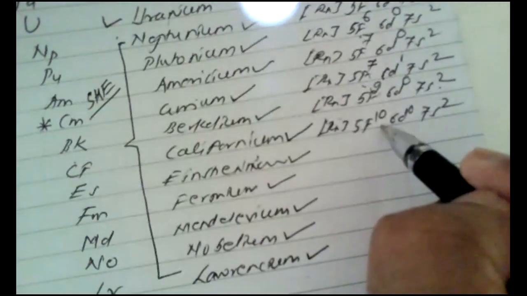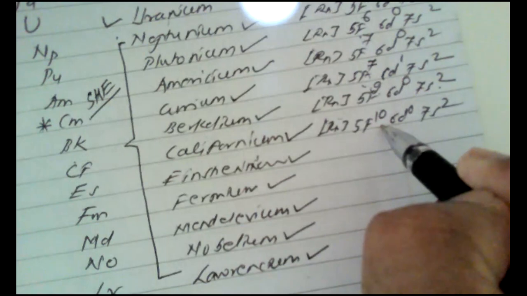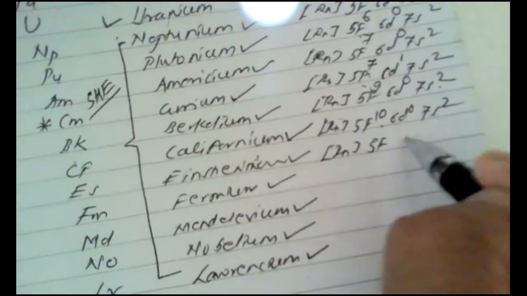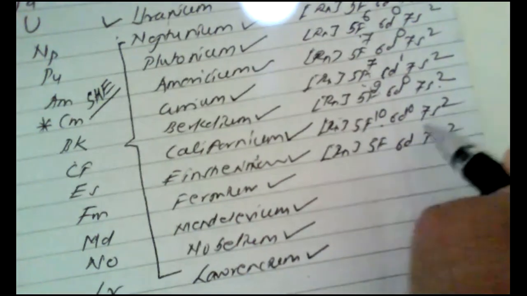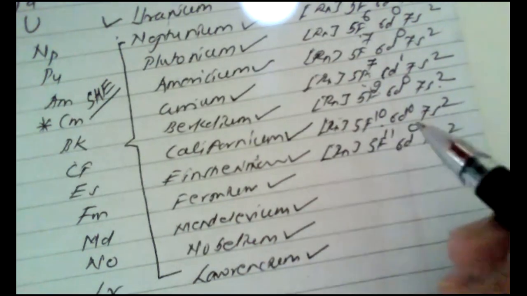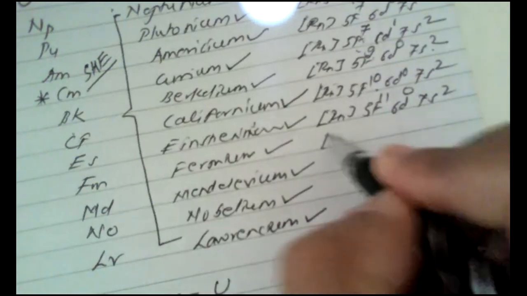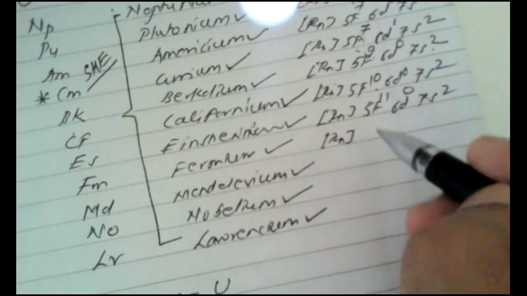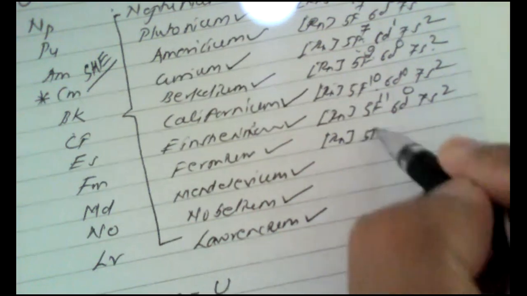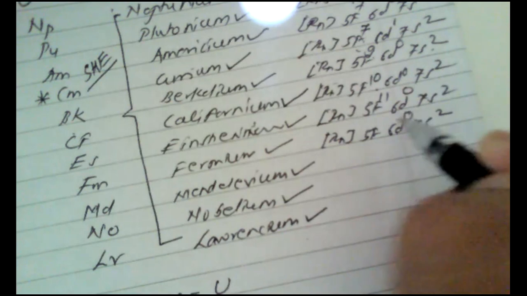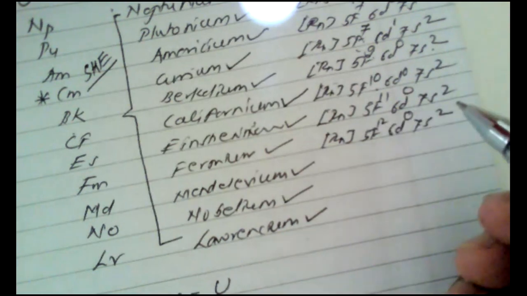So 88 plus 10 is 98, which is californium. Then radon, 5f11, 7s2, 6d0. So 88 plus 11 is 99. Then come to fermium: radon, 5f12, 7s2, 6d0.